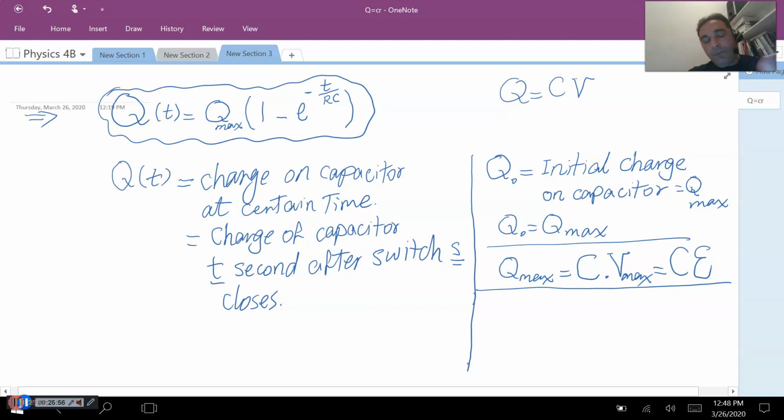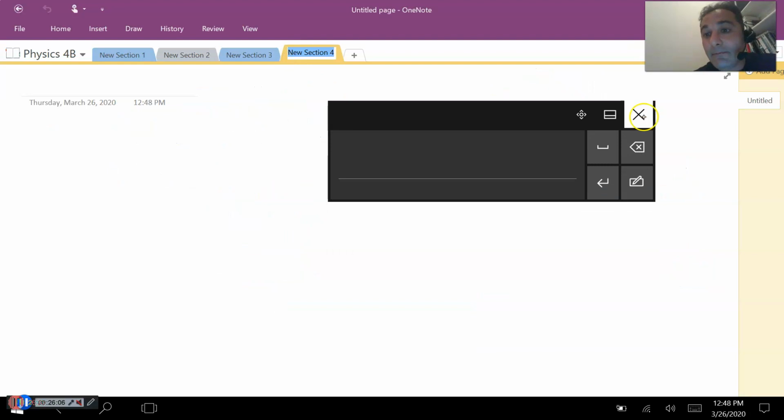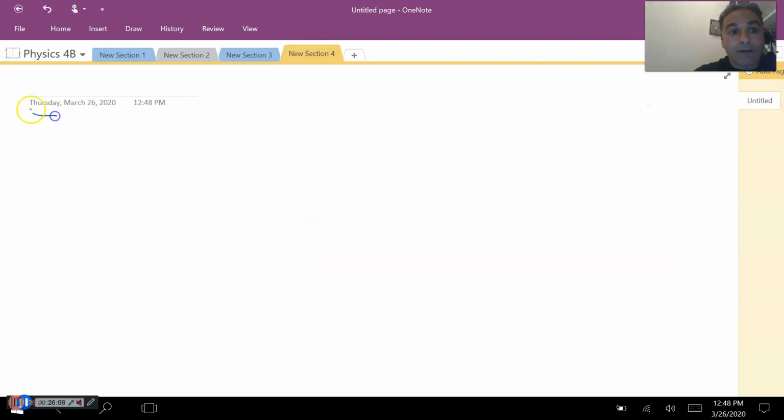Now, if we work on this problem and use again this equation Q equals CV, we can find actually the same equation for voltage across the capacitor. Your equation will be this.